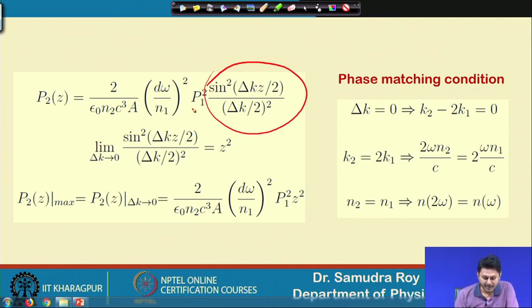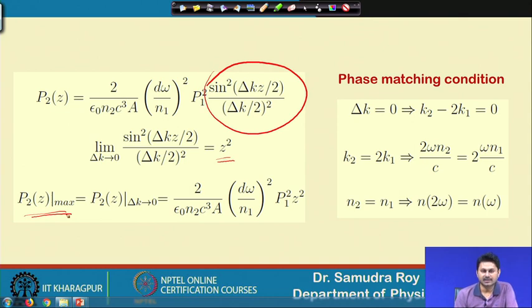In order to have this sin x by x form, we need to multiply by z, and after multiplying by z, if I take the limit, it will come as z square, as simple as that. So, P2 maxima is the maximum power one can have from launching a wave in a nonlinear medium.